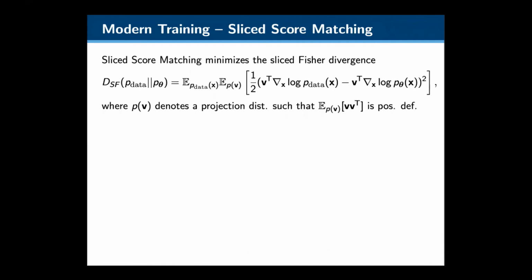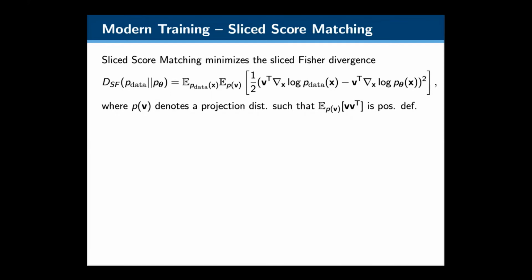So another approach to score matching is called sliced score matching. And in sliced score matching, we avoid these problems of adding noise. And luckily, we also avoid the computational complexity problem, which I'll explain in a moment. The brief idea behind sliced score matching is using the sliced Fisher divergence. What the sliced Fisher divergence is doing is taking random projections of our score functions.